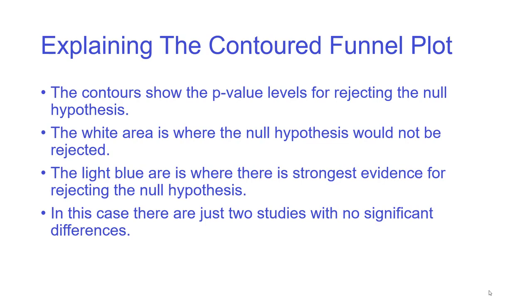So, as I said, p-values are the contours for rejecting the null hypothesis. The white areas are where you can't reject it, and light blue is the best possible case. In this case, there are only 2 studies with no significant difference, which is good evidence that there probably is a significant difference, and those 2 studies only didn't find one because they were too small and what we call underpowered.